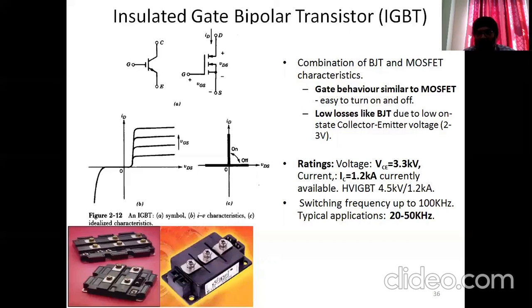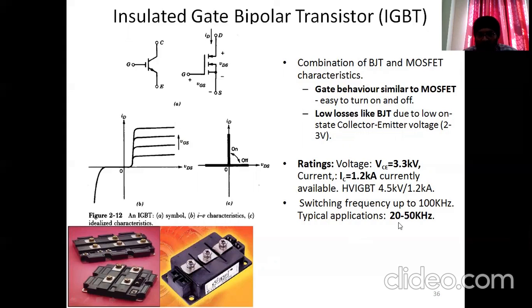So we can combine both advantages in the IGBT: the advantage of the MOSFET, where we can easily control turn-on and turn-off with the gate terminal, and the advantage of the BJT, where we have low losses because the on-state voltage is very low. In a MOSFET, due to the internal resistance, the on-state losses can be higher.